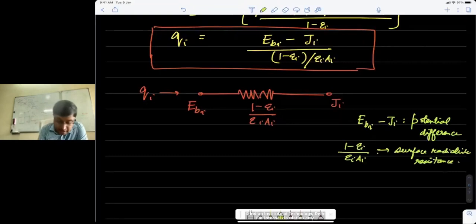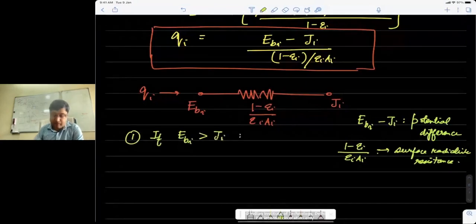Now what it means is, if E_bi is more than J_i, what is E_bi? E_bi is the maximum emission from this body which is at a temperature T_i. If the surface were to behave like a black body, it would be emitting at the rate of E_bi. Remember, E_bi depends only on the surface temperature, nothing else.